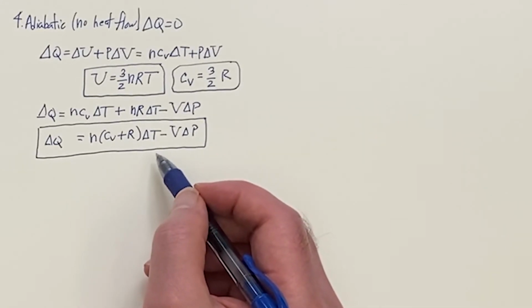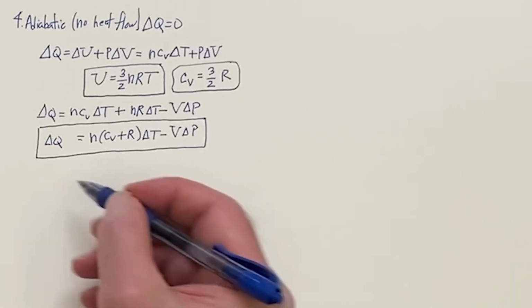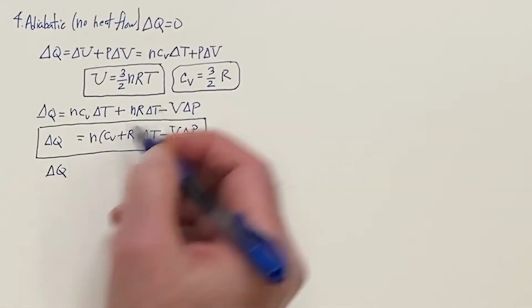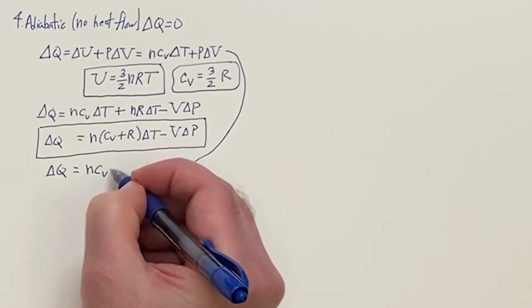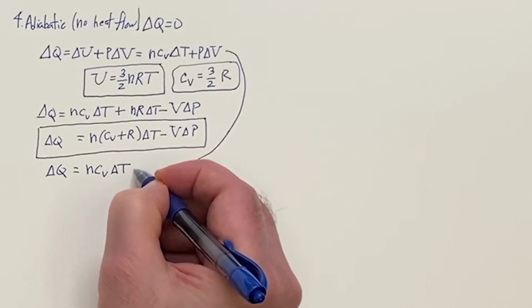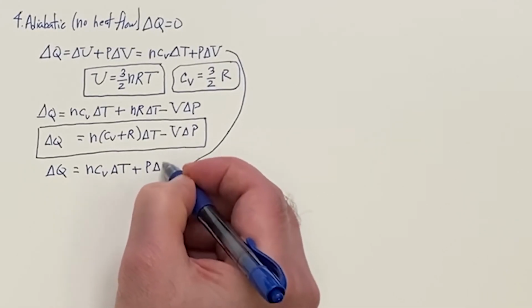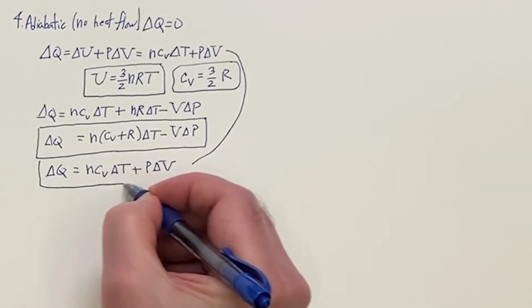So now the question is, we have a couple equations here. We have this equation and we have this one here. n CV delta T plus P delta V. So we have these two equations.